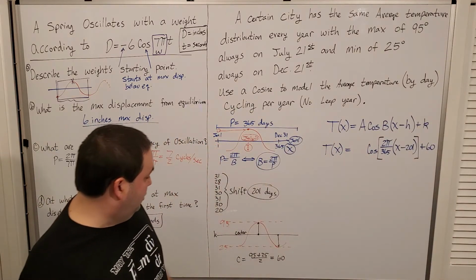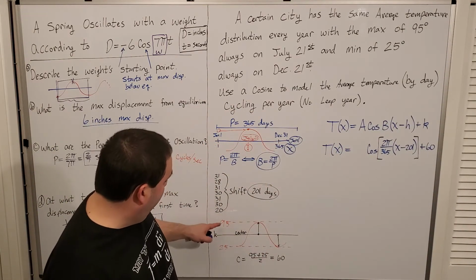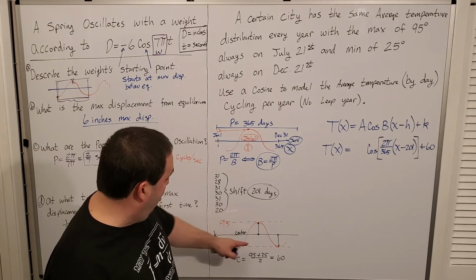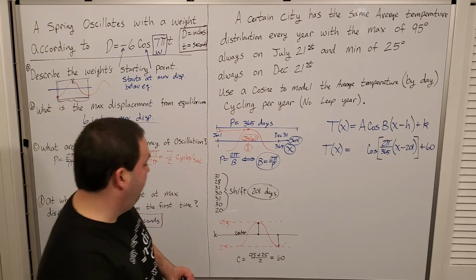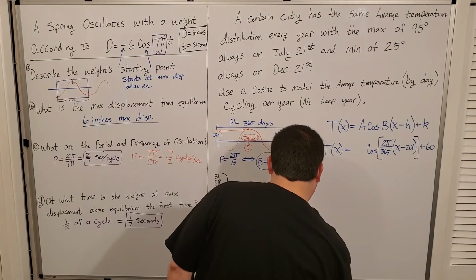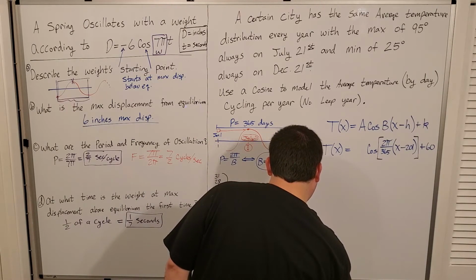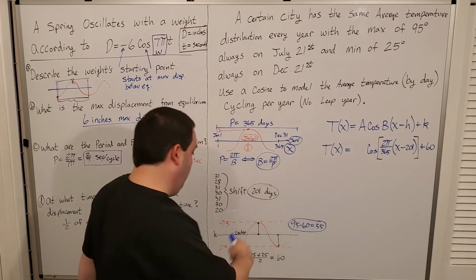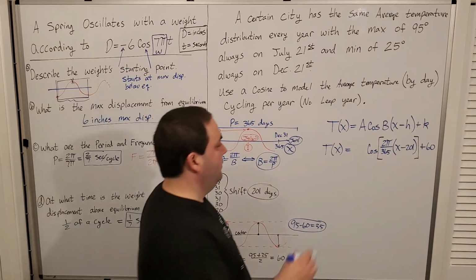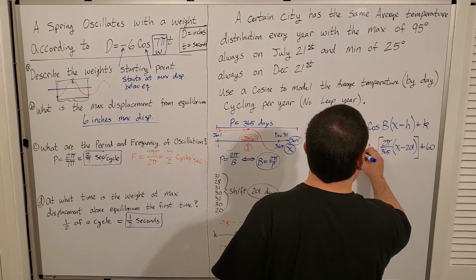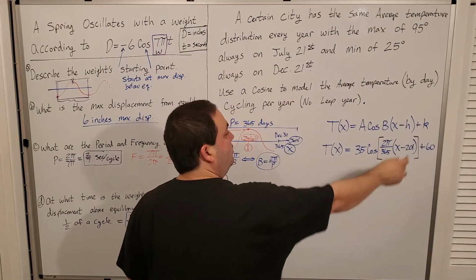And then the amplitude is going to be how far it is from 95 to 60 or from 60 to 25, right? So 95 minus 60 is 35. Also 60 minus 25 is also 35, right? So there's my amplitude, 35. So there's my answer right here.